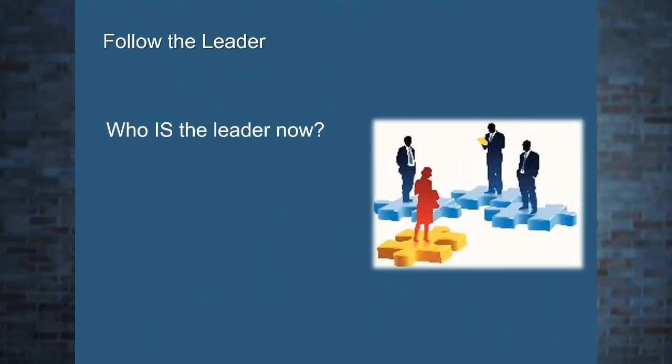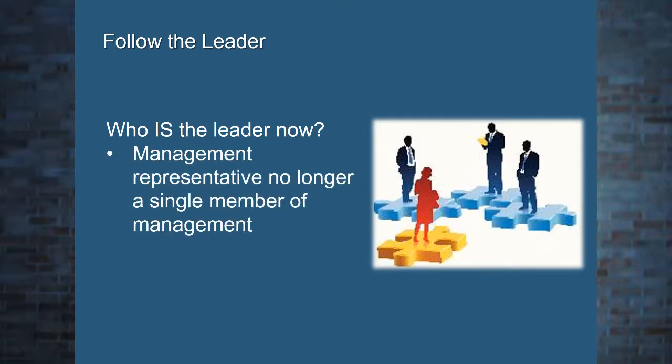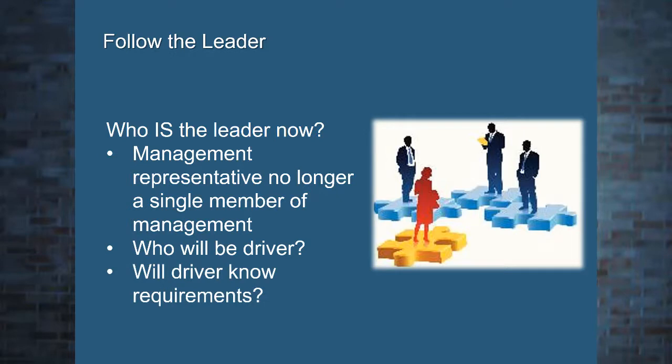Follow the leader. Well, who is the leader now? A management representative is no longer a single member of management, so who's going to be the driver? And will the driver or drivers know the requirements? My hope is that the process owners will step up and learn the requirements, learn their role in deploying, implementing, maintaining, and improving the quality management system.